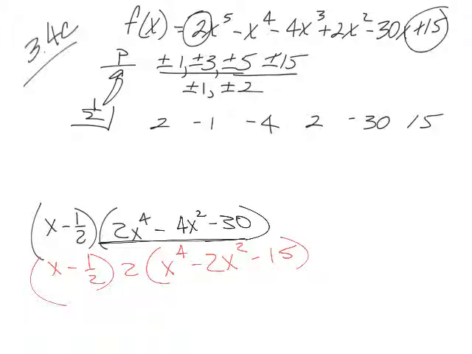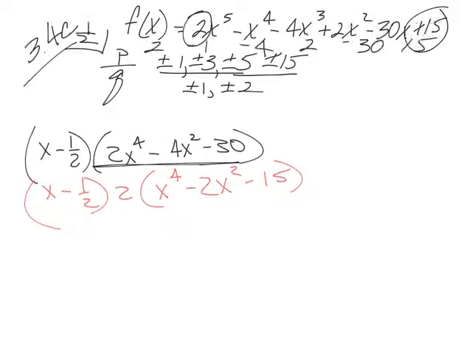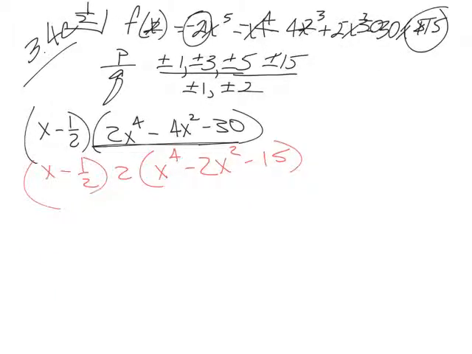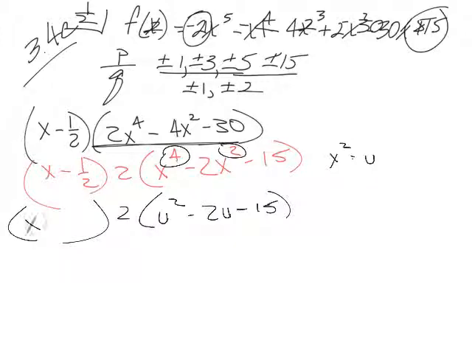I can look at this a couple different ways. I can actually solve this because I've got an x to the 4th and an x squared. I can use x squared equals u and get u squared minus 2u minus 15, and I've still got my x minus 1 half.